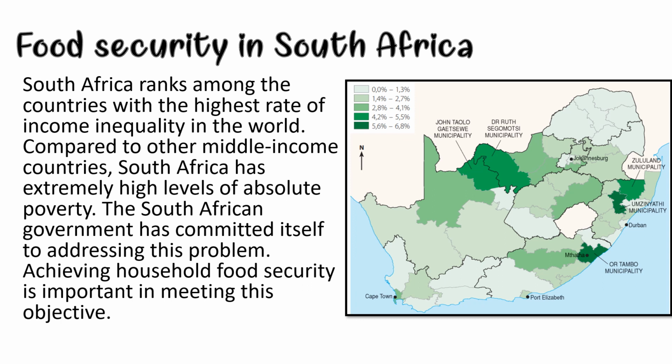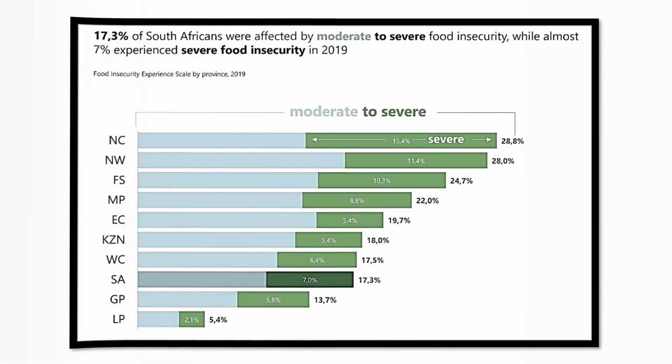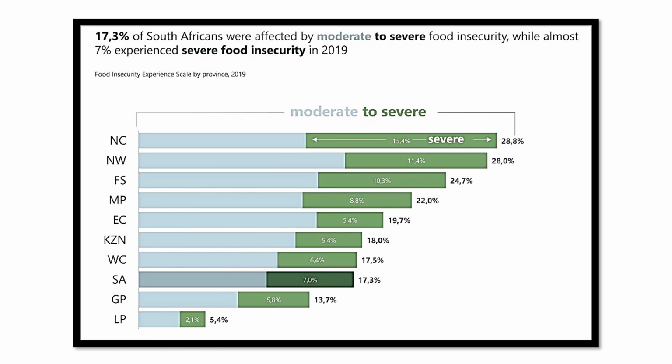Achieving household food security is important in meeting this objective. 17.3% of South Africans were affected by moderate to severe food insecurity, while almost 7% experienced severe food insecurity in 2019.